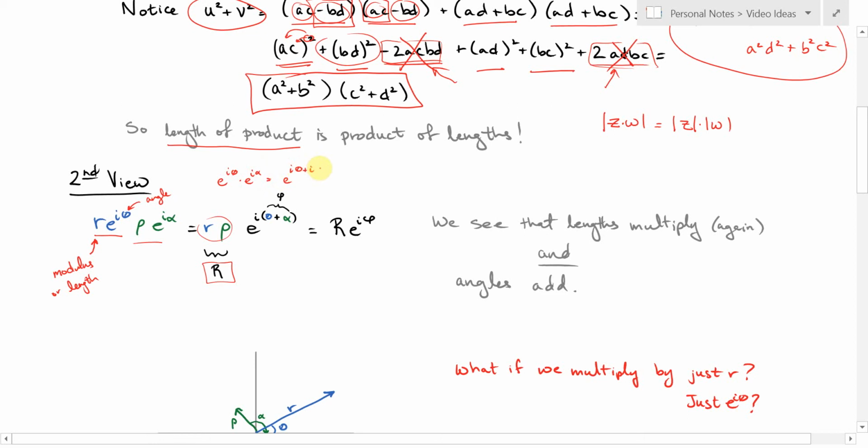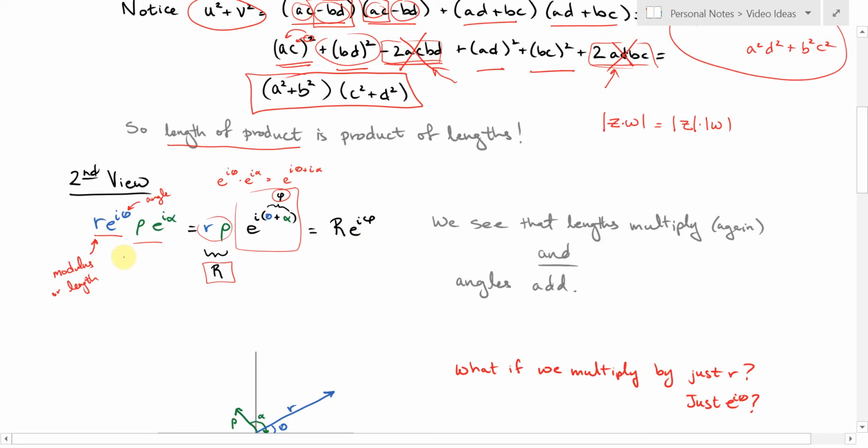E to the i theta plus i alpha. And then you can just factor out an i, and that's how I get this term here. E to the i theta plus alpha. And that theta plus alpha, the sum of those angles, I'm just going to call it phi.